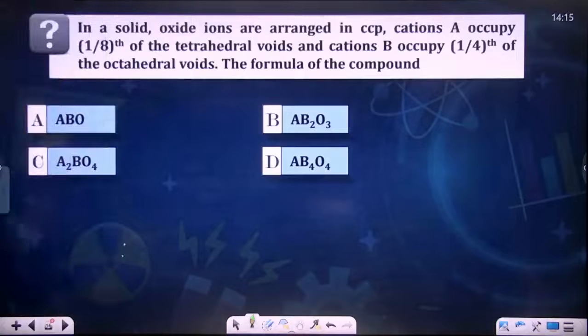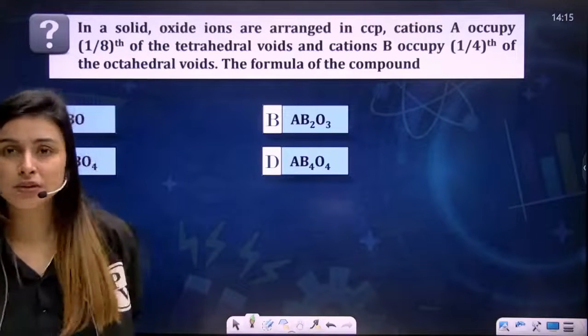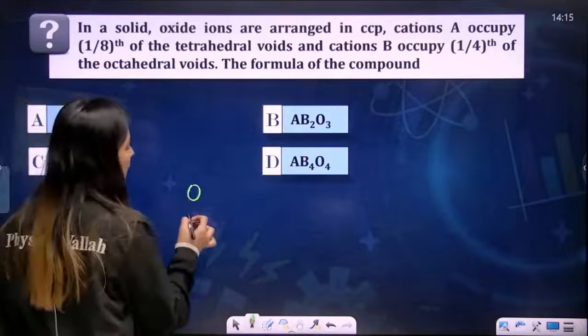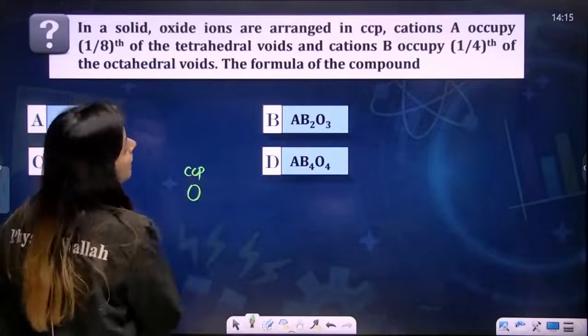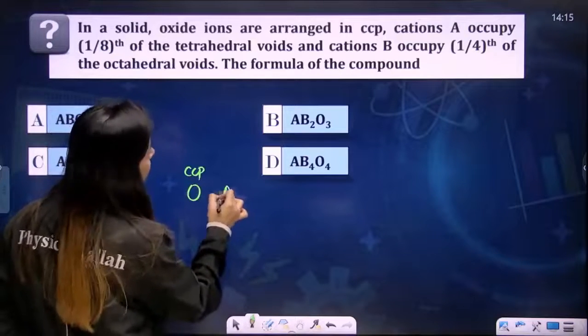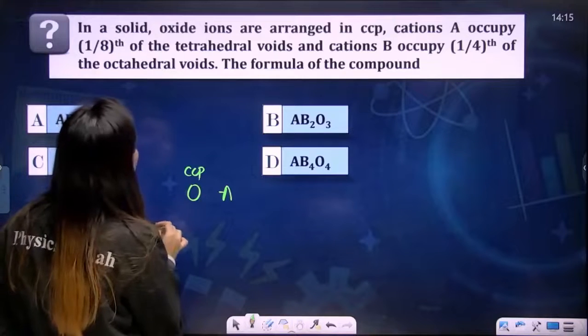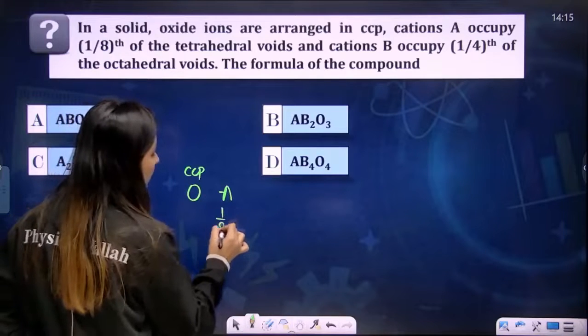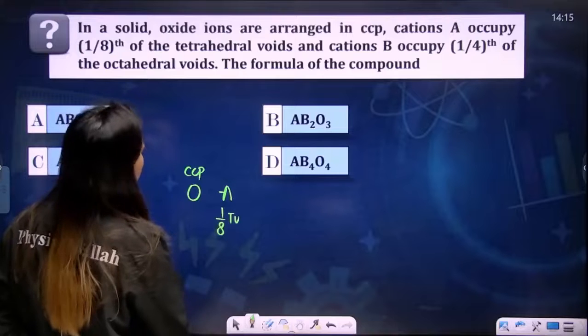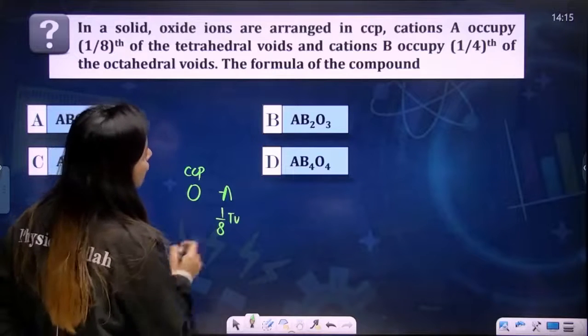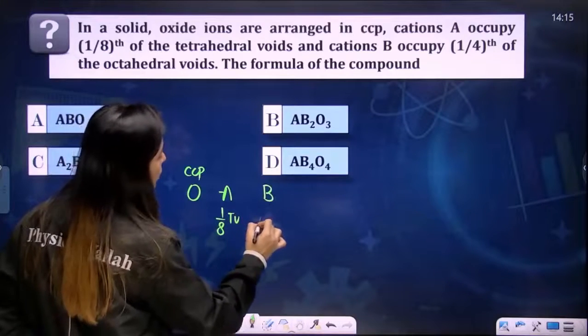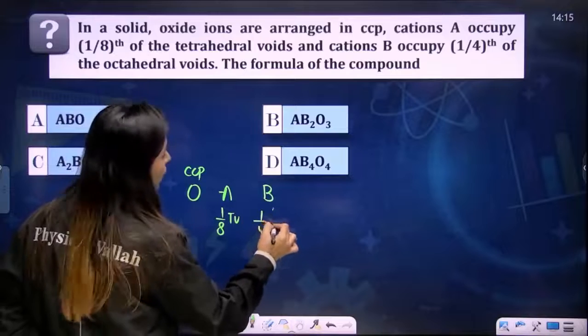The next question says that in a solid, oxide ions are arranged in CCP. Then you have cation A, which occupies 1/8 of the tetrahedral voids, and cation B, which covers 1/4 of the octahedral voids.